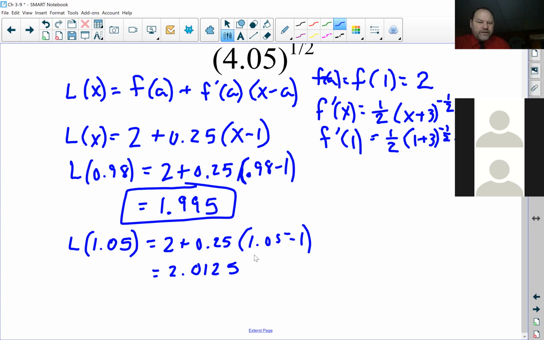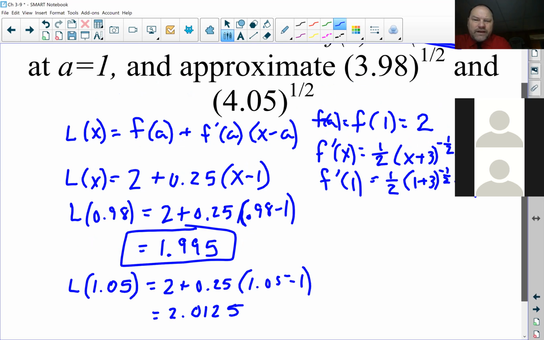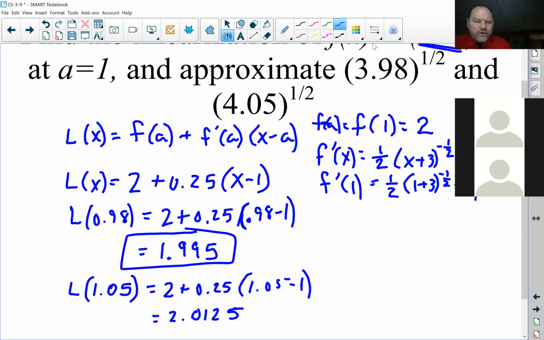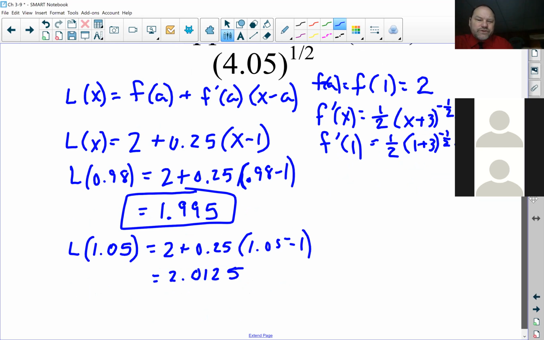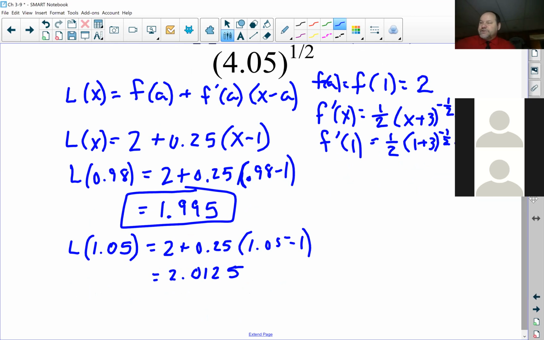Now, before I check that approximation, it should make sense in both cases. The 3.98 is less than 4, and we know the square root of 4 is 2, so we're a little bit less than 2. Here we're a little bit more than 4. The square root of 4 is 2, so we should be a little bit more than 2, which we are.